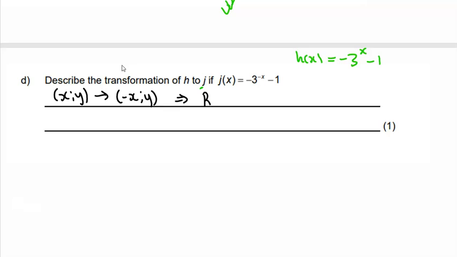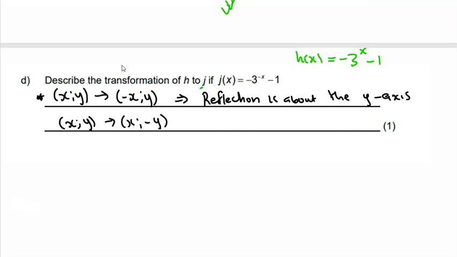So the reflection is about the y-axis. But let's assume that this was like x and y, and this changed into x. This time the y is the one that is changing the sign.